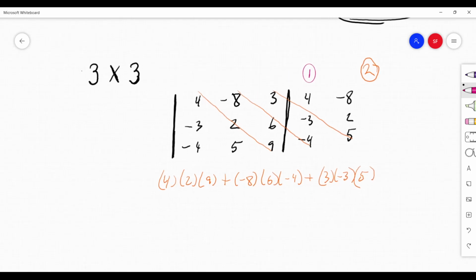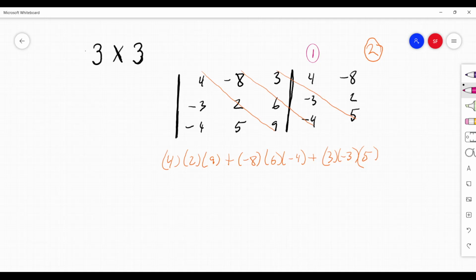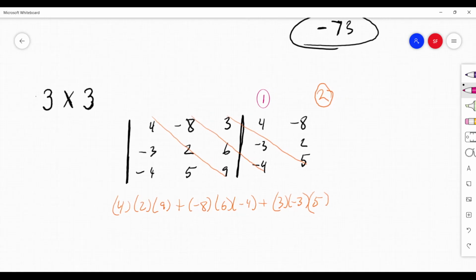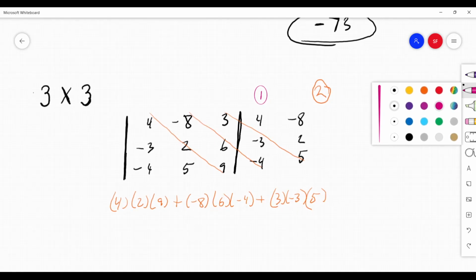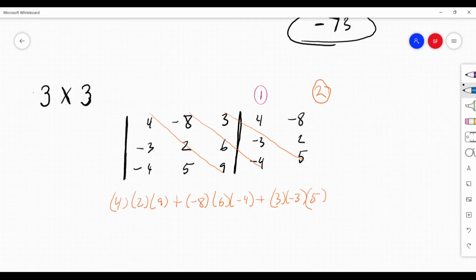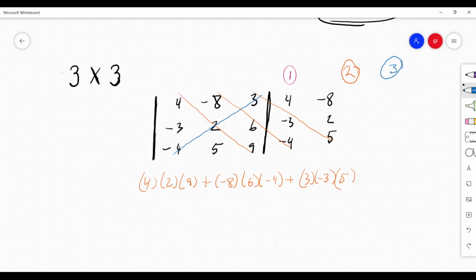The next thing you do, I already did pink, so how about blue? Our third step is to multiply the other diagonal direction, just like we did on a 2x2, except these you're going to subtract.